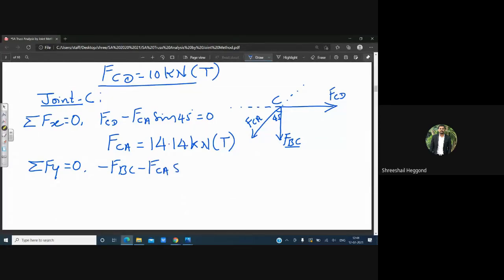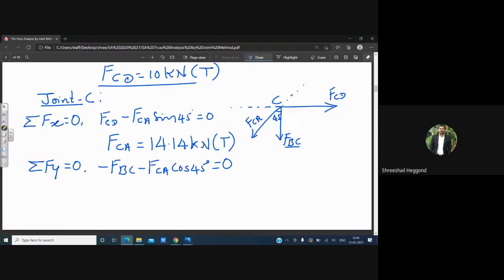Here it is cos 45. So value is same. Cos or sin 45 degree value will be same. But you need to write as per which component you are considering. I can write FBC equals minus 10 kilonewton.